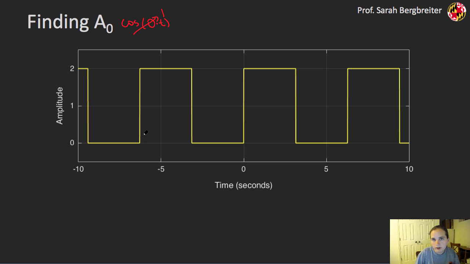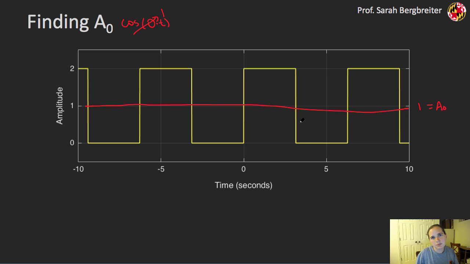And so one very simple way to do it is the basic approach we used previously. You're just getting the mean of this signal. So in this case, it's very easy to see that the mean is 1. Right, so this is going to be my a0 term, an amplitude of 1.